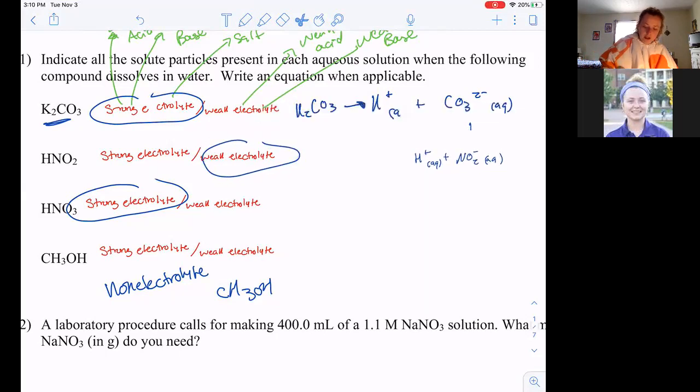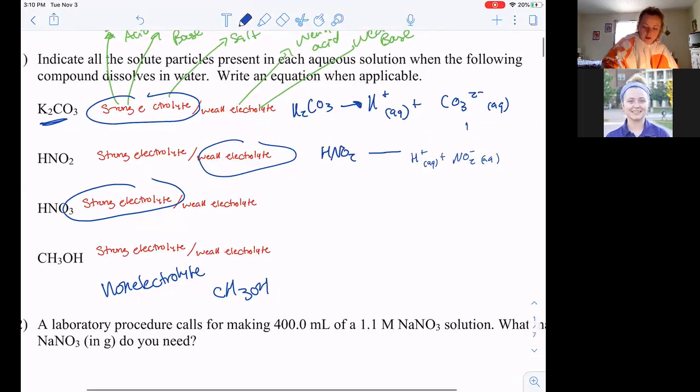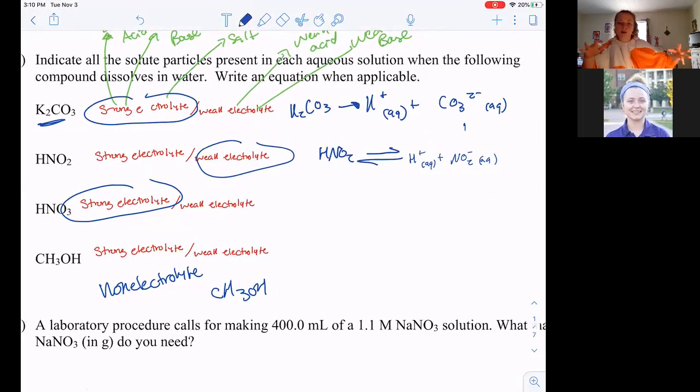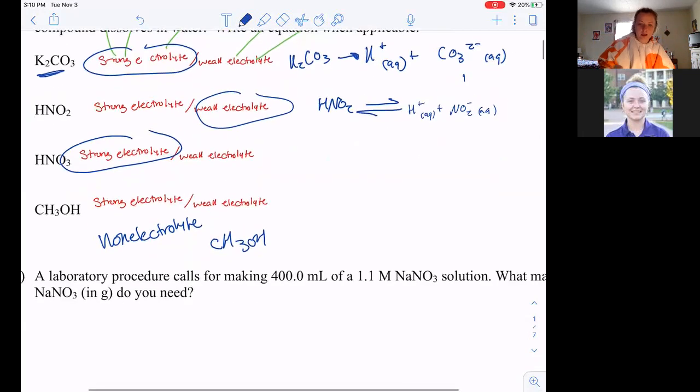Here the reaction is only partly going that way. HNO2 is going back and forth. It's in equilibrium, that's also what it's called. It's going back and forth between being fully apart and fully together, and that's why it's very weak.